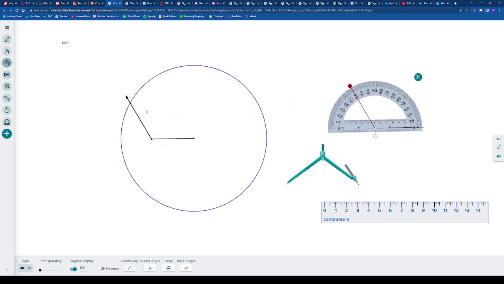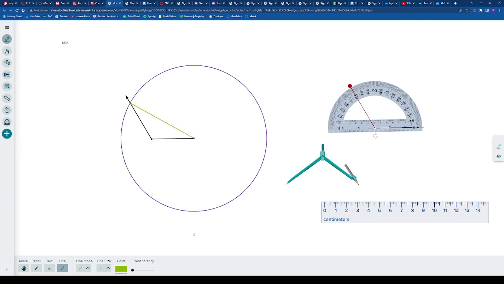And now you'll see that no matter how far I extend the ray, it can only cross the circle once. We can't cross it a second time. So the only way that I can close this triangle and complete it is by going from the center of the circle to that intersection to create that triangle that has the black side length, the green side length, and this known angle of 120 degrees.